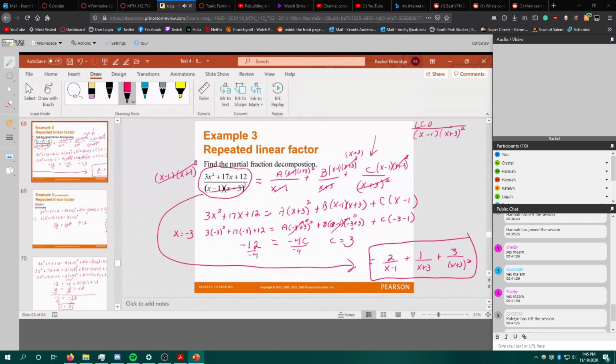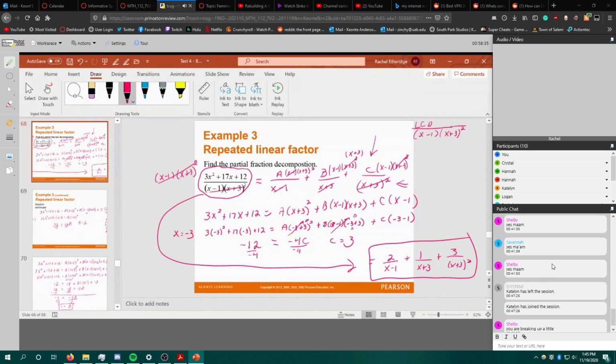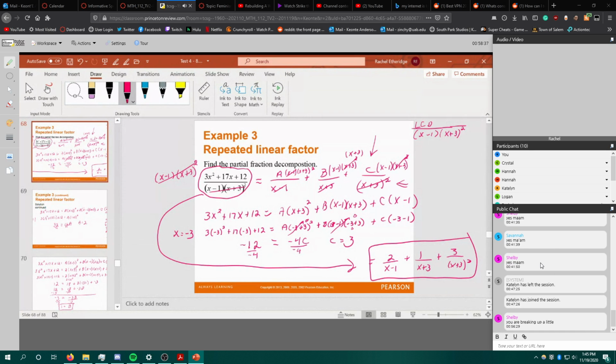So for a repeated linear factor like this problem, that would be the hardest thing you would have to do. I didn't do 2 examples of this, and I wouldn't give you 2 of these to do. I probably just gave you 1 of these in the MathLab, because if you can do 1, you can do 15 of them. It's just a matter of knowing the process.